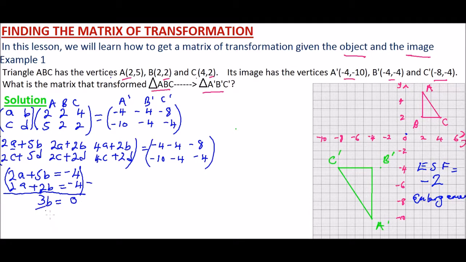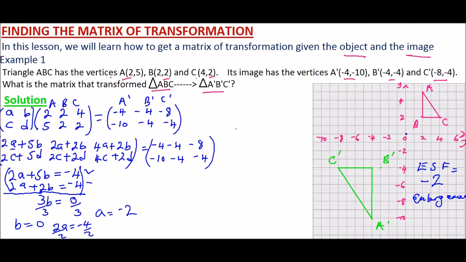Divide both sides by 3, implying our b is equal to 0. If b is equal to 0, then you can substitute in one equation and say, since b is 0, then 2a is equal to minus 4. Divide both sides by 2, implying our a is equal to minus 2. Fine. So we have managed to get the values of a and b.